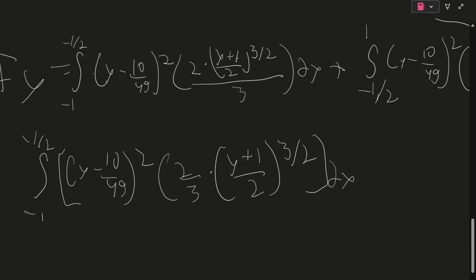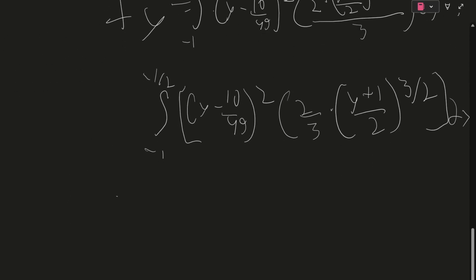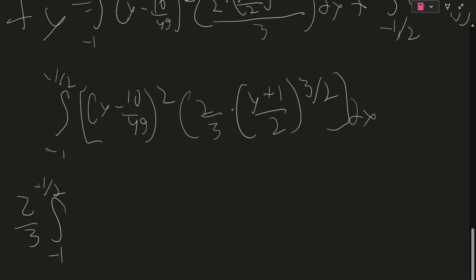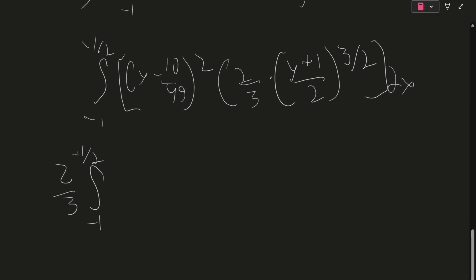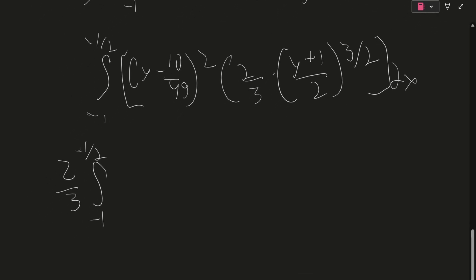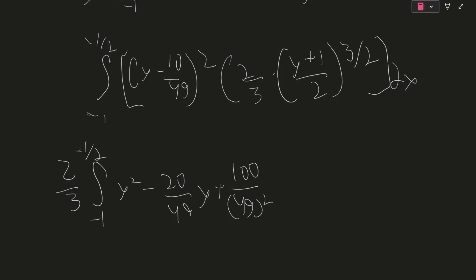So we'll have 2/3, -1 to -1/2. And then we'll go ahead and square out our first term. So we have y squared minus 20 over 49 y plus 100 over 49 squared.